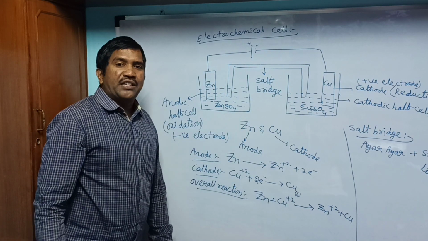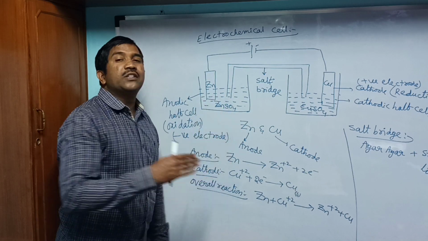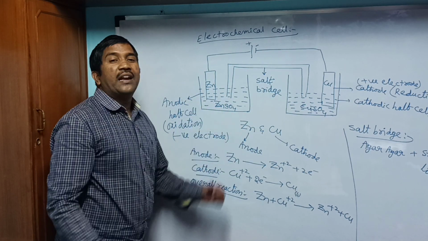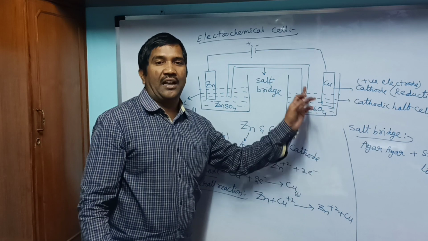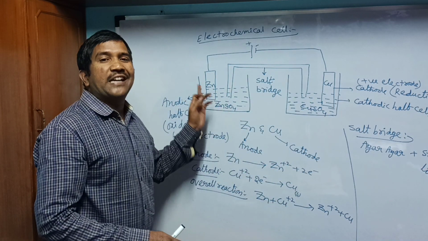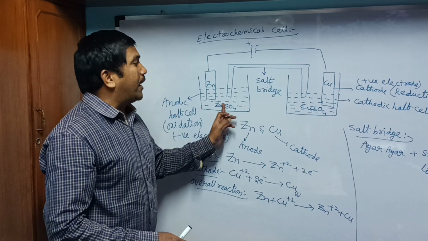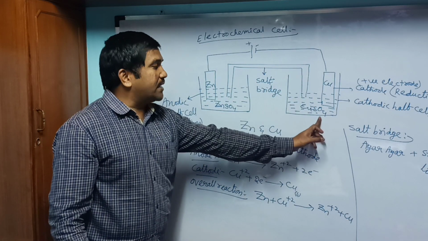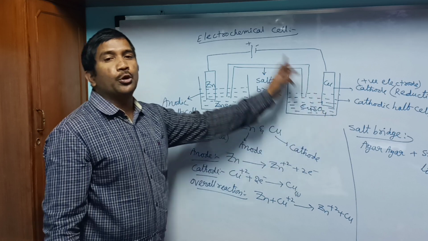In the anodic half cell, cations are more, and in the cathodic half cell, anions are more. For neutralization, cations flow from anode to cathode, and anions flow from cathode to anode.